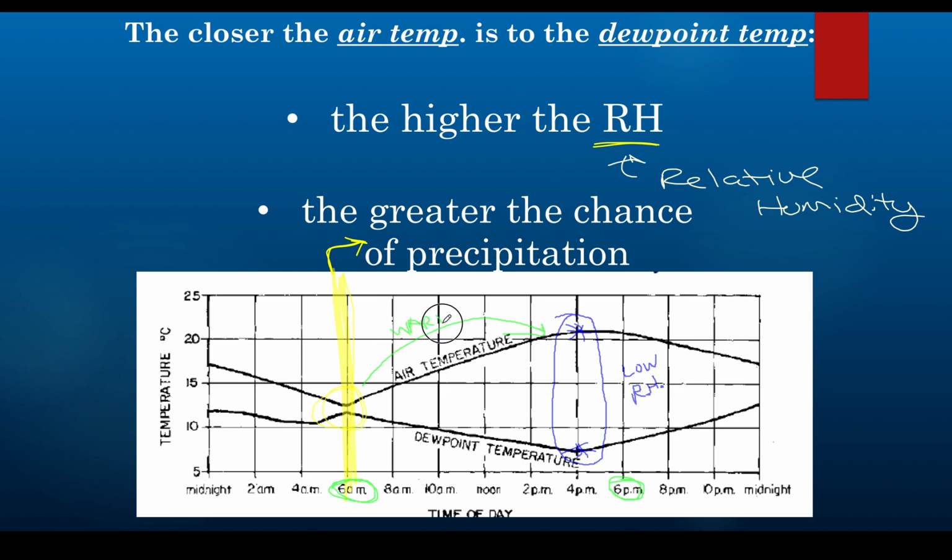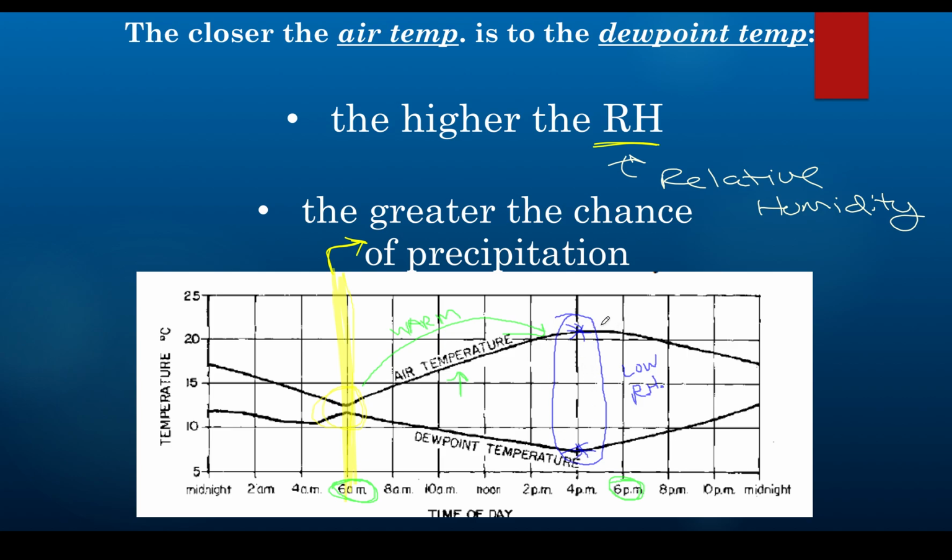And when we warm up, the air temperature rises, but we don't expect the dew point to rise. The dew point temperature is not controlled directly from the amount of sunlight we get. Our air temperature is directly related to how long and how much sun we get every day. So during the day, the air temperature rises and gets further from the dew point.